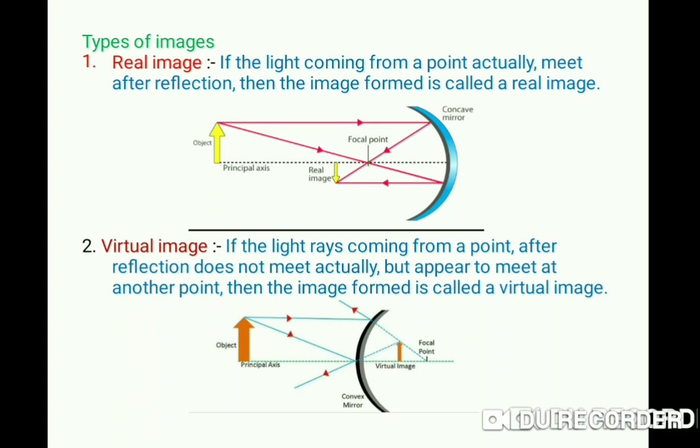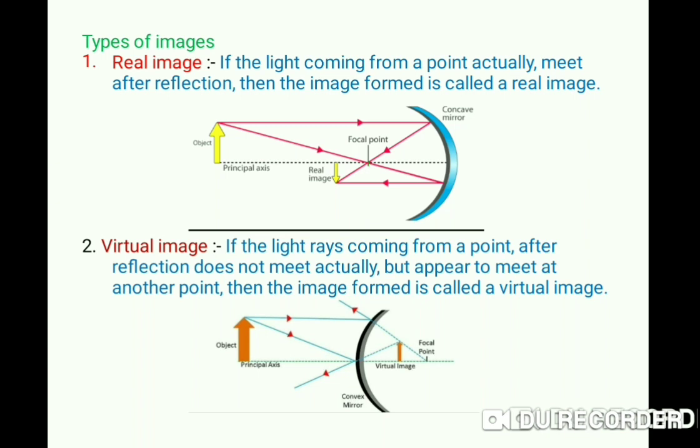Another ray which goes to the focus strikes the mirror and reflects back in the same manner. Both the reflected rays will intersect at that point. Do these two rays actually meet or not? Yes, they actually meet. So the image formed is said to be a real image.